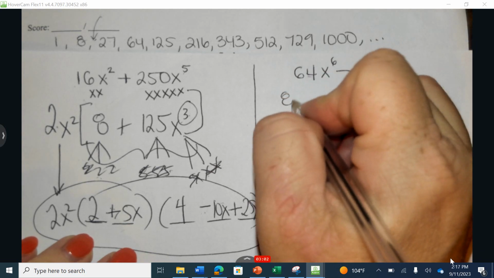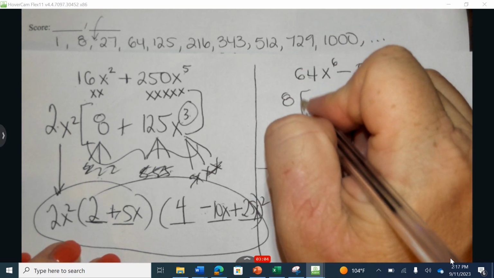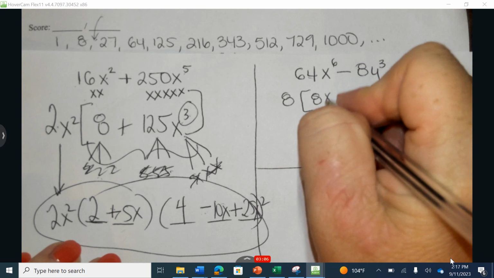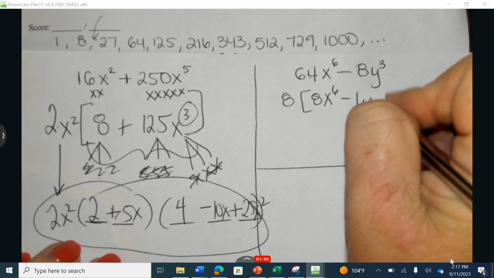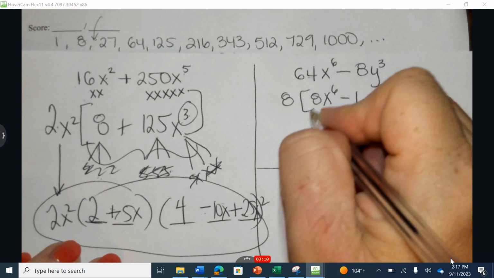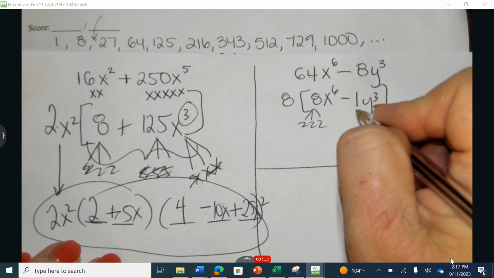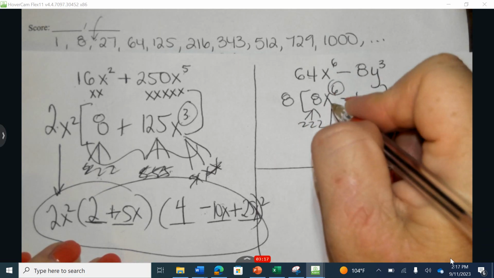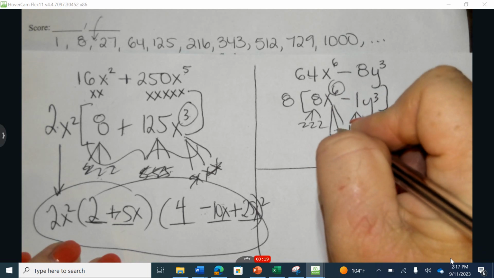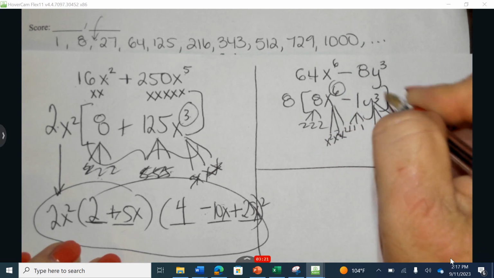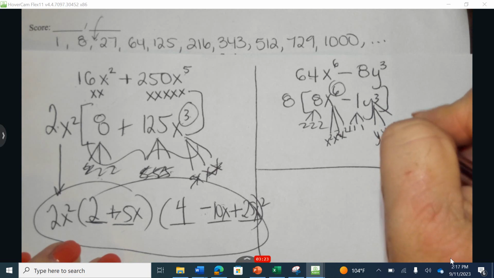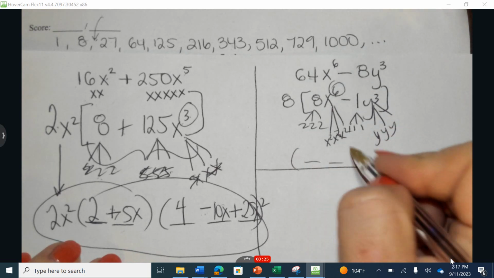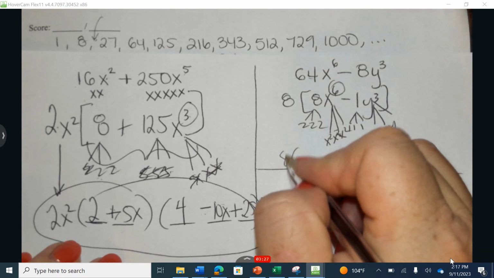I recognize that 8 I can factor out, and I'm left with 8 times 8 is 64, x to the third, minus 1, y to the third. 8 breaks into 2, 2, 2. 1 breaks into 1, 1, and 1. Dividing this by 3, we get x squareds. And dividing this by 3, I just get y's. And so that could have allowed me to get the answer.